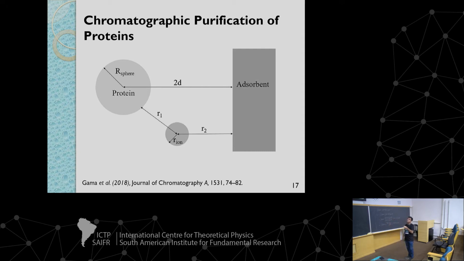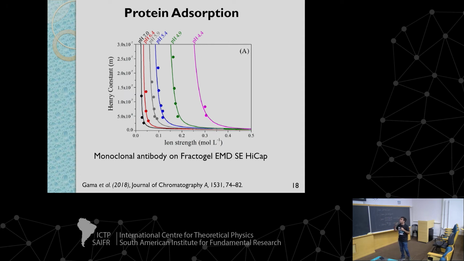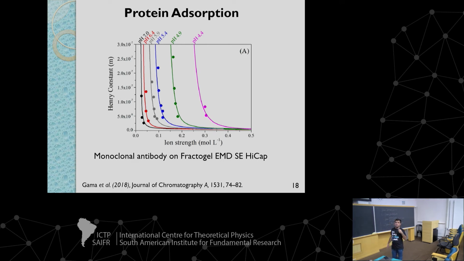So we have a system of a sphere and a plate. Okay, we consider that the adsorbent is a flat surface, and the protein, once again, the globular protein, is considered a sphere. And applying the same theory, we get very, very good results. Once again, we didn't use adjustable parameters.